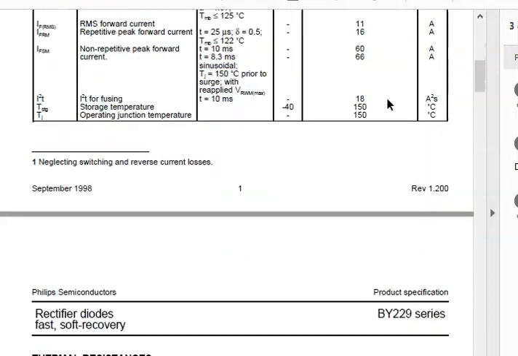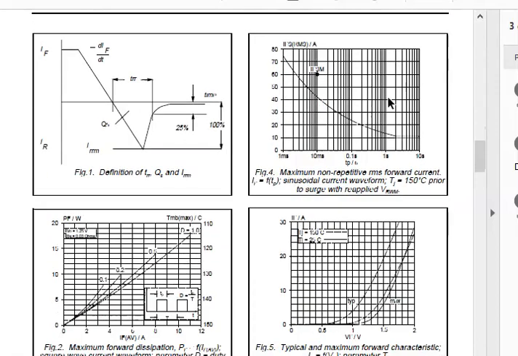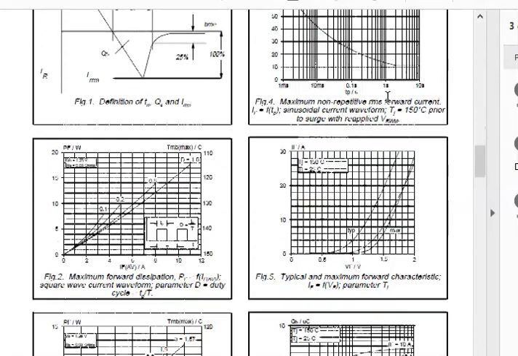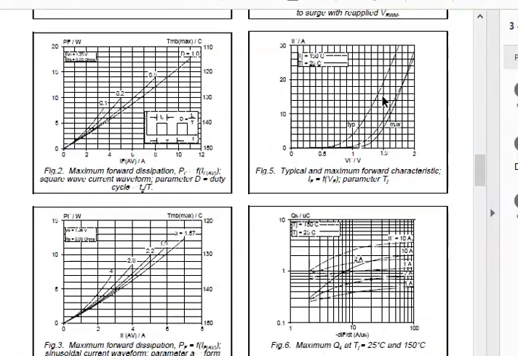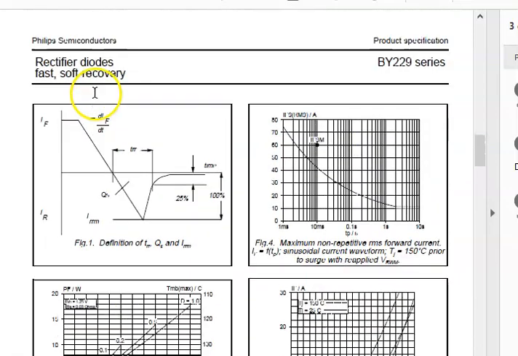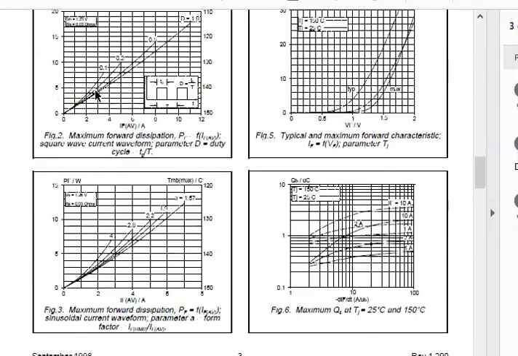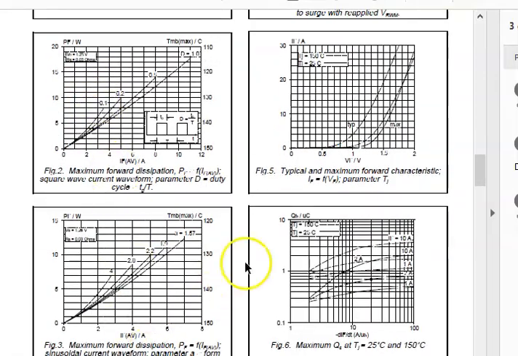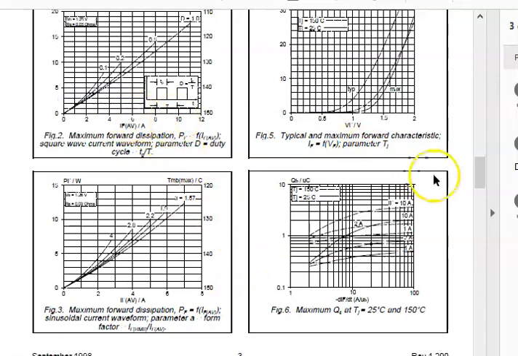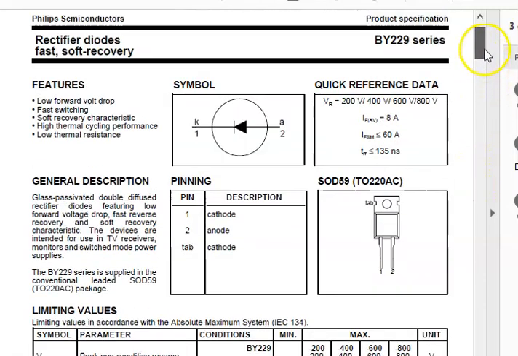Let's see what heat or dissipated power our device produces right now. We have a few graphs here. Any graph can be considered as information, but for this device, you can see that the maximum the device can conduct is 8 ampere average.